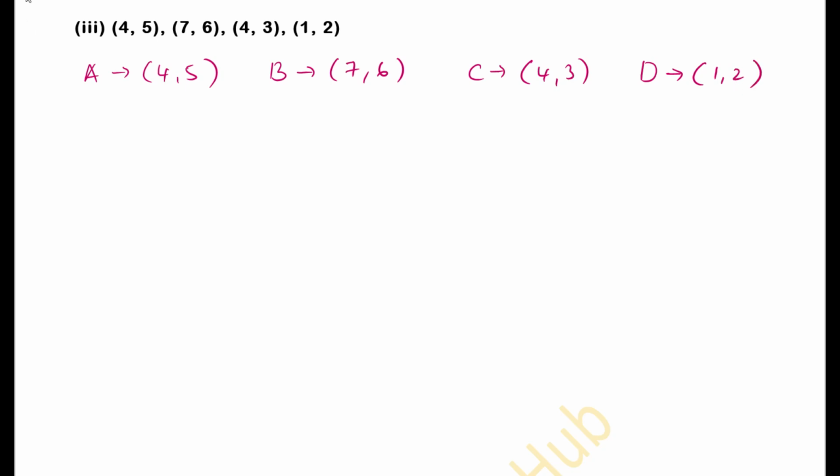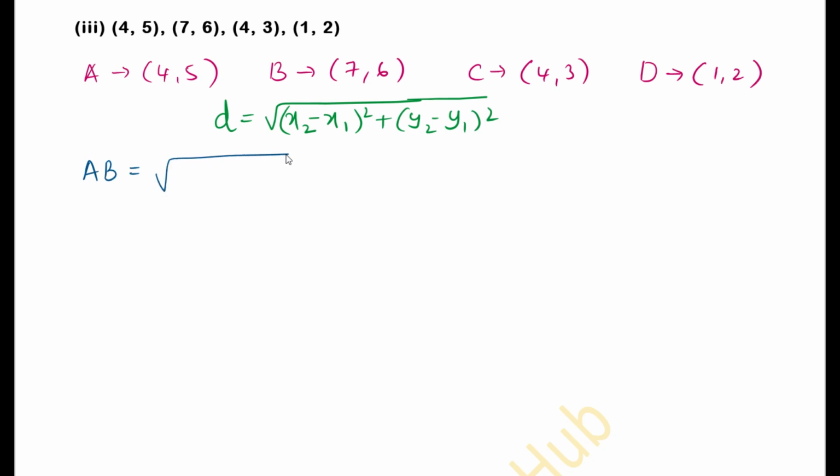Now by using the distance formula, that is d equals square root of (x2 minus x1) the whole square plus (y2 minus y1) the whole square. Now finding out the length AB. AB equals square root of, that is 7 minus 4 whole square plus 6 minus 5 the whole square.